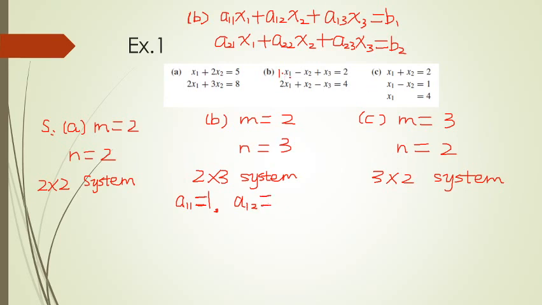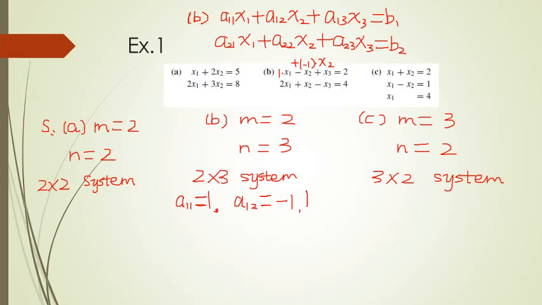A11x1 plus A12 times x2. So you can take here as minus 1 times x2. So A12 is minus 1. How about A13? A13 is 1, right?